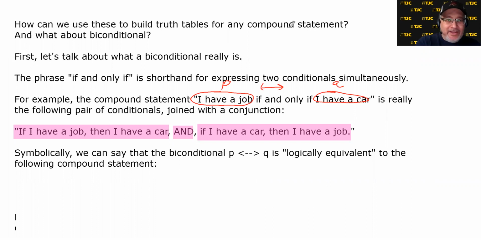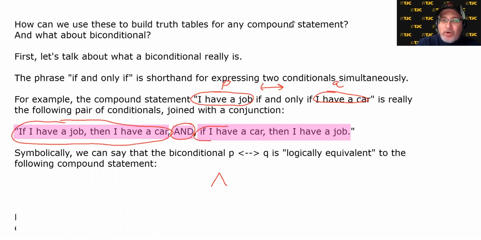Well, the and is the primary connective. You can tell because it's surrounded by commas. So we would have a conjunction parked in the middle of this. On either side of the and, we have another compound statement. And remember the rule. If you are looking on either side of a connective and you see another compound statement, then it goes in parentheses. And we have one on both sides.